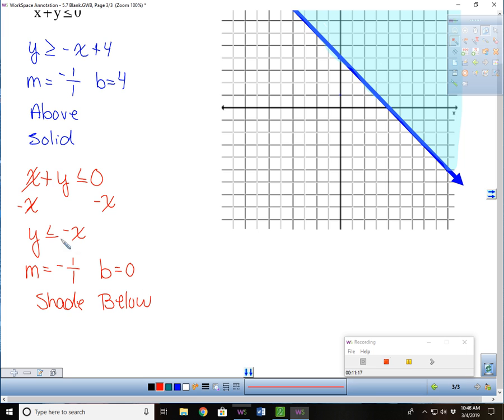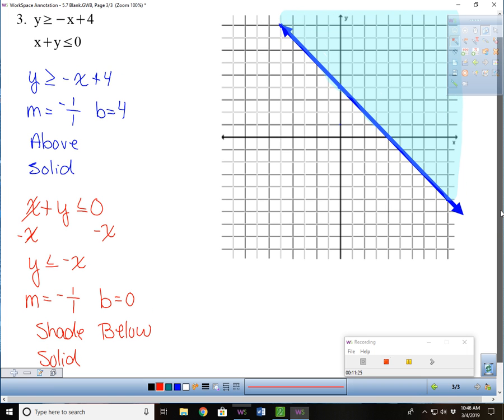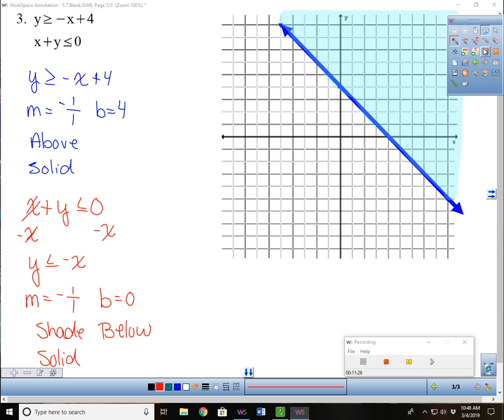Since there's an equal to bar, that means that you will have a solid line. All right, so we're going to start at 0. We'll go down one, right one, down one, right one. So get your line drawn in. Solid line.